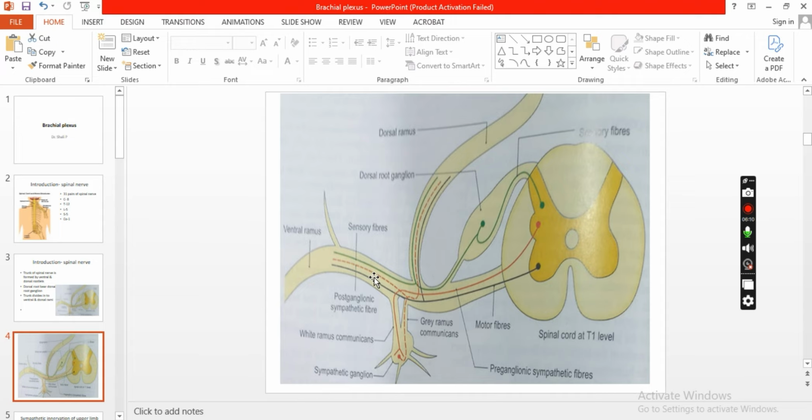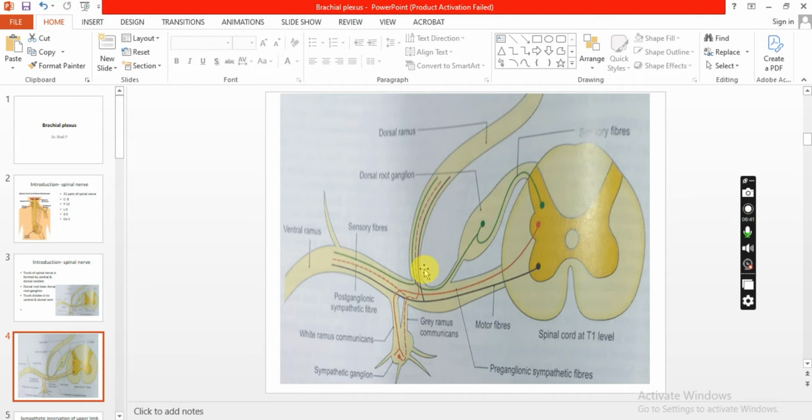So the ventral rami in total supply the skin as well as the muscles on the anterior aspect of the neck, the anterior aspect of the trunk, both thorax and abdomen. They also supply the muscles and the skin of the upper and lower limb.